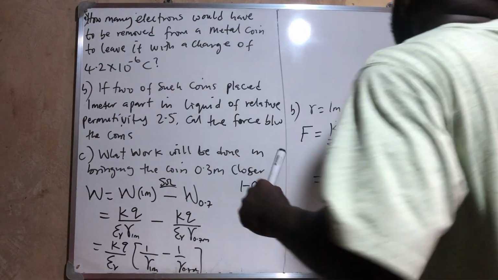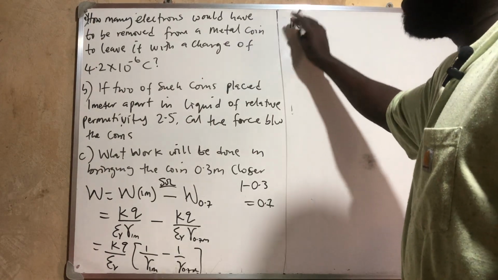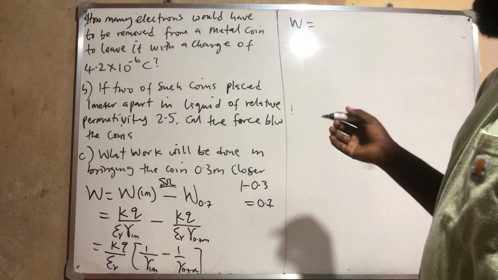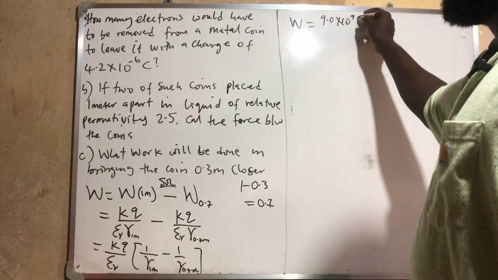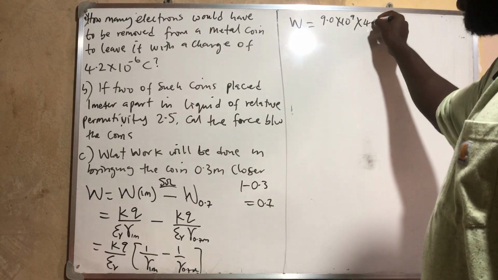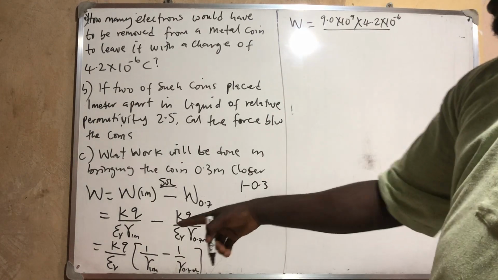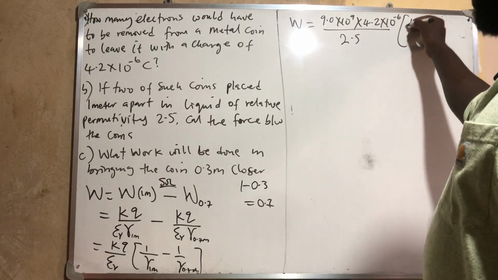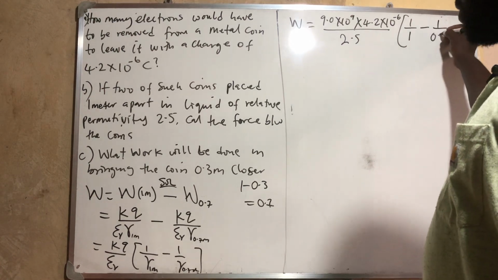So calculating that, we are bringing it closer. That is how to solve when you are bringing it closer. I'm going to have my K as 9.0 times 10 raised to power 9 times my Q, the charge of the coin, which is 4.2 times 10 raised to power minus 6, divided by my ER permittivity, which is 2.5, then into 1 over 1 meter, 1 over 1 minus 1 over 0.7.